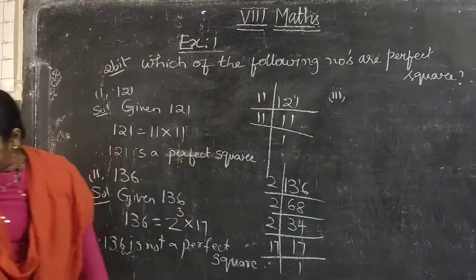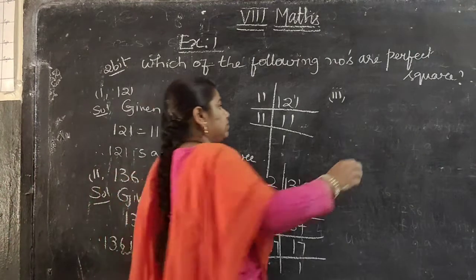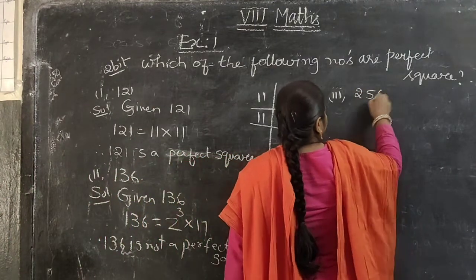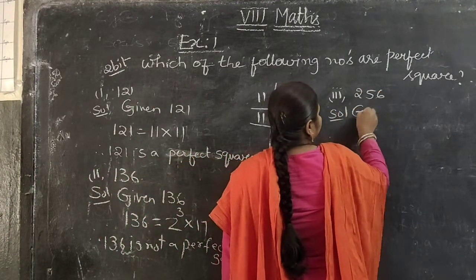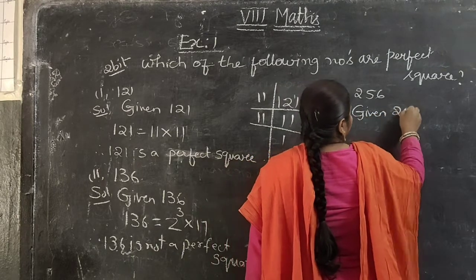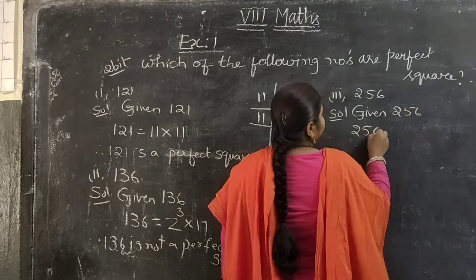Next one, 256. So do prime factorization of 256 first.